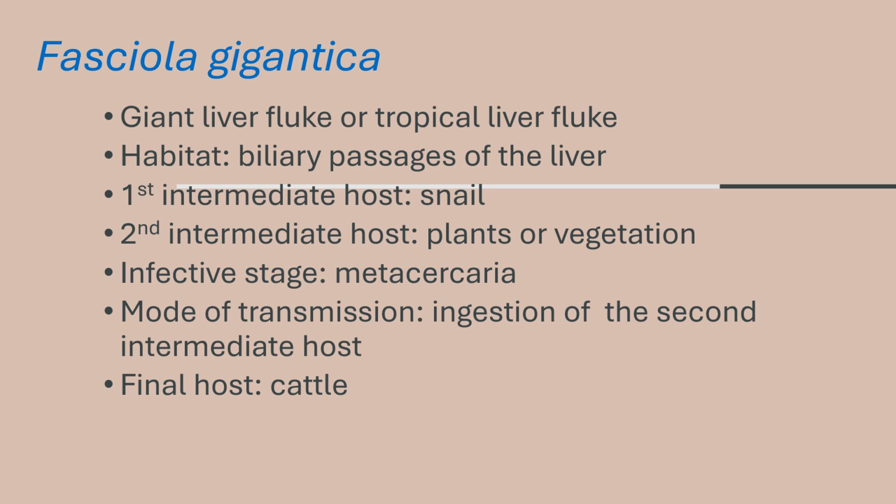Okay, and so since your Fasciola hepatica, Fasciola gigantica, or your Clonorchis, your Opisthorchis, these are flukes that inhabit the liver. The first intermediate host of your Fasciola gigantica is the snail, and the second intermediate host is plants or vegetation, still watercress.